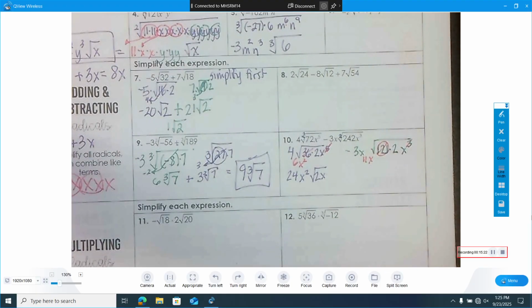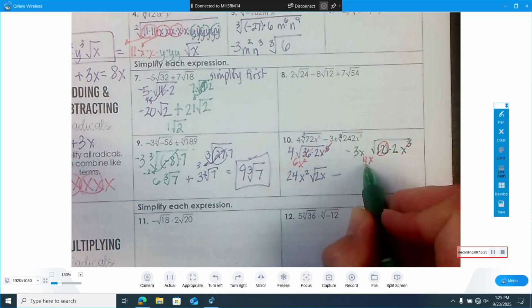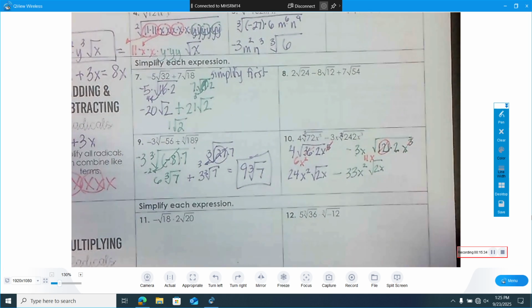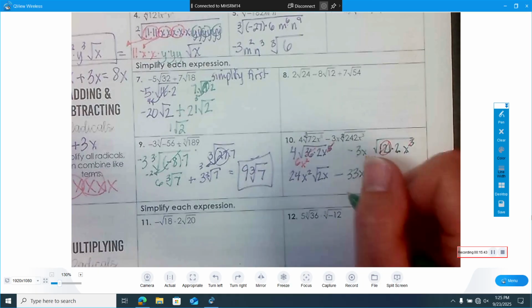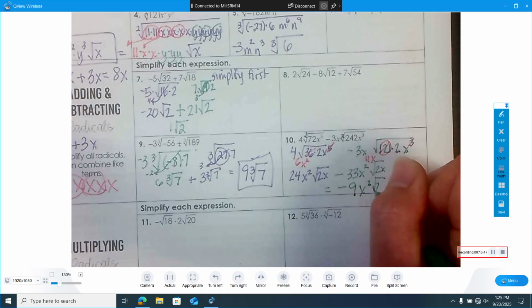And so that cleans up to be negative 33x squared radical 2x. All right, 24x squared radical 2x minus 33x squared radical 2x is negative 9x squared radical 2x.